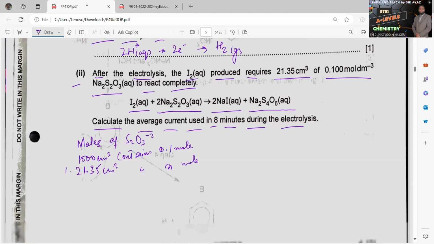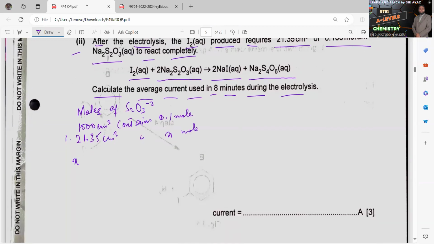So X becomes equal to 0.1 cross multiplied by 21.35 divided by 1000. So what will we get? We will get 0.002135 moles.